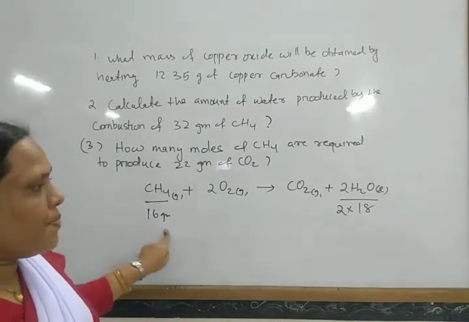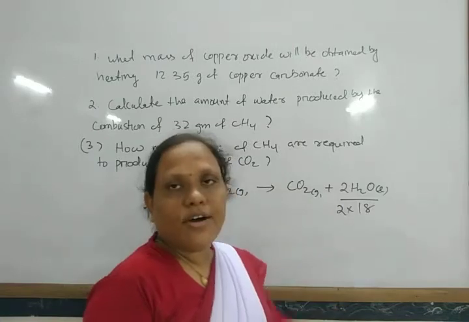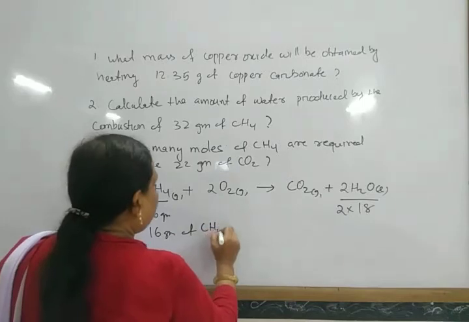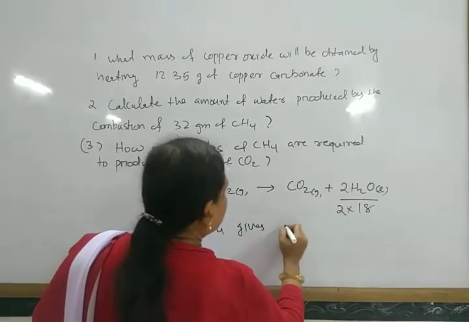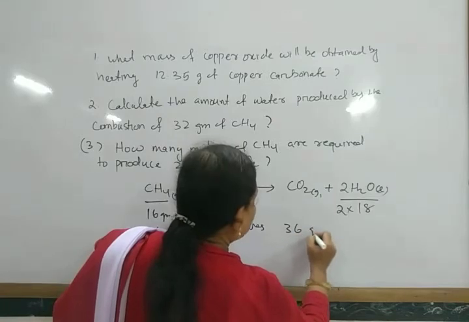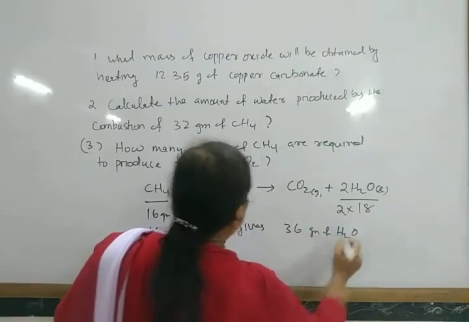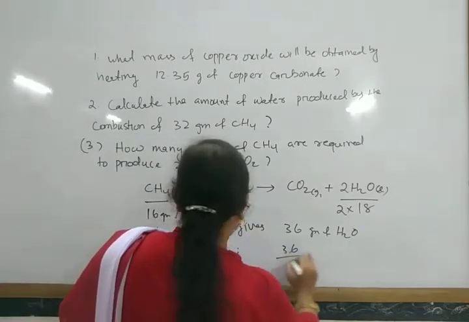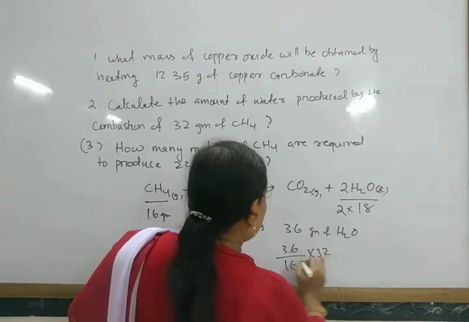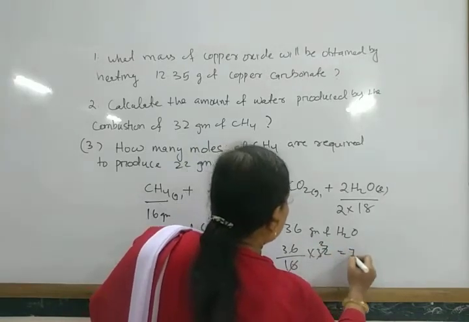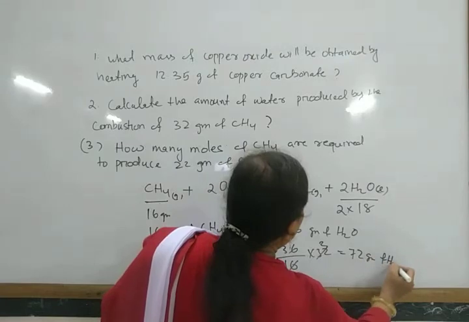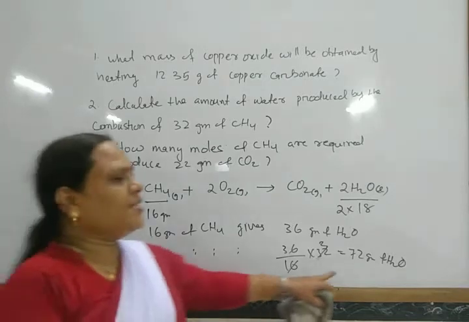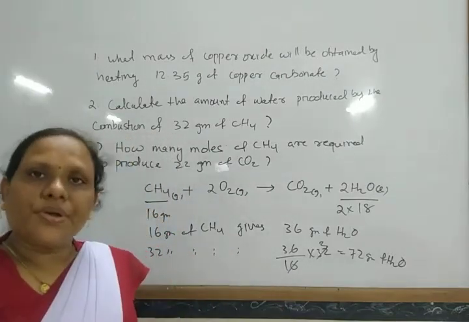So 16 gram of methane gives 36 gram of water. Then 32 gram of methane gives 36 by 16 into 32, that is equal to 72 gram of water. So in this way, 72 gram of water is produced.